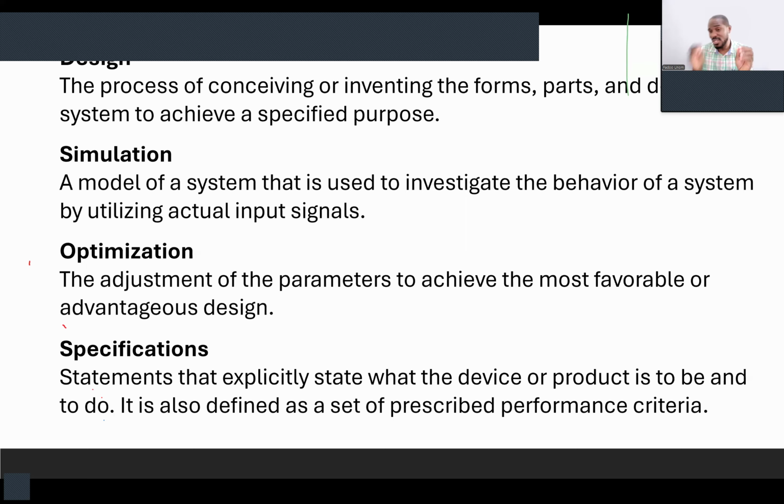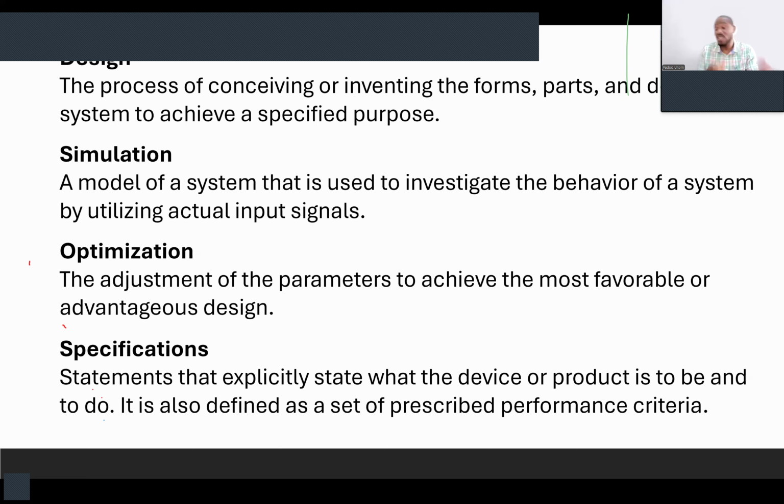Then specifications, these are statements that explicitly state. We will deal with specifications even in control, even in machine design, because machine design is about design. It's just that you are designing mechanical systems. That's why it's called machine design. In control engineering and automation, you design control systems. You can follow the same process.